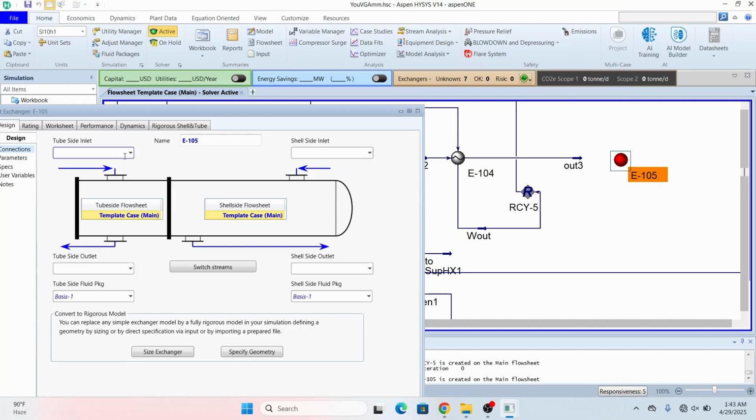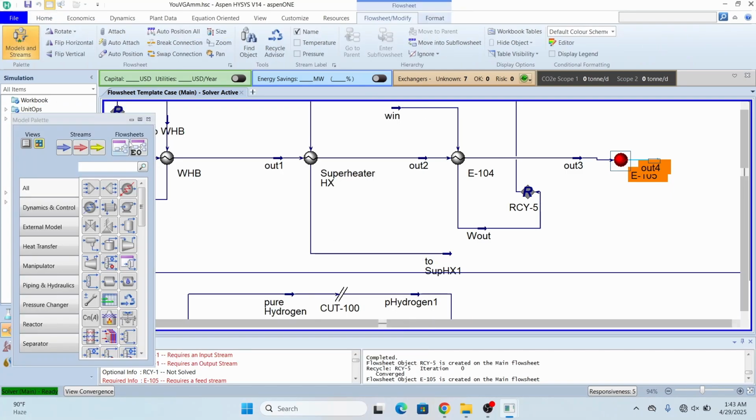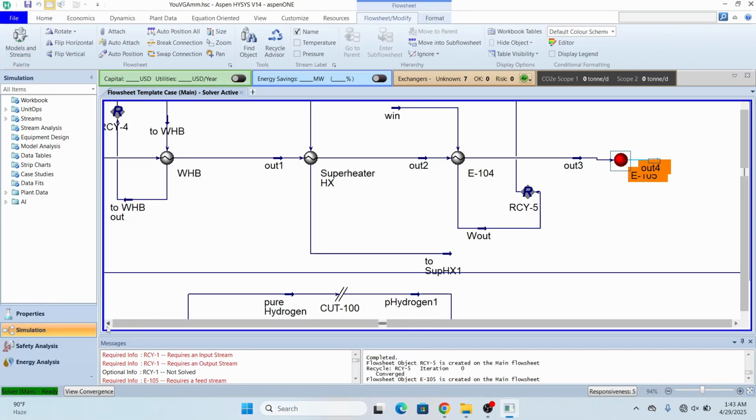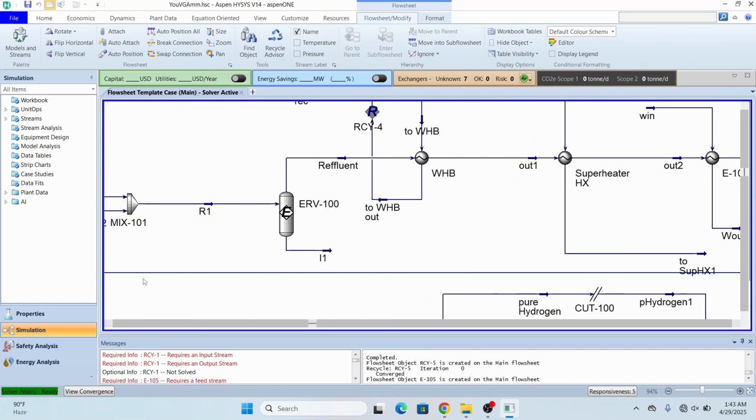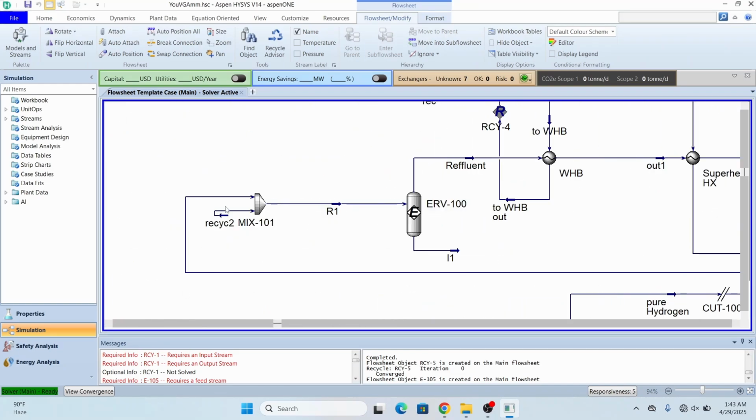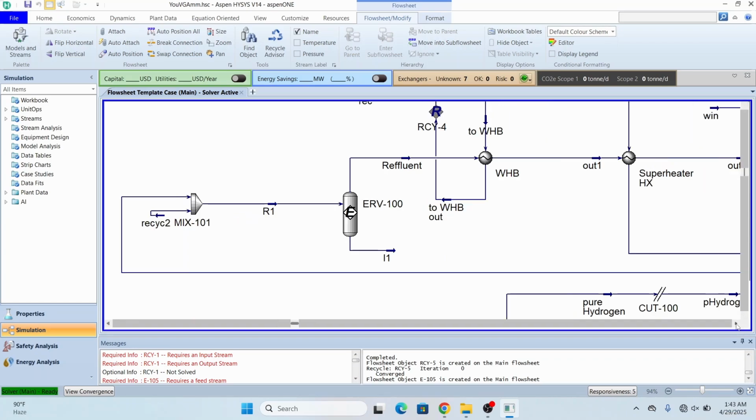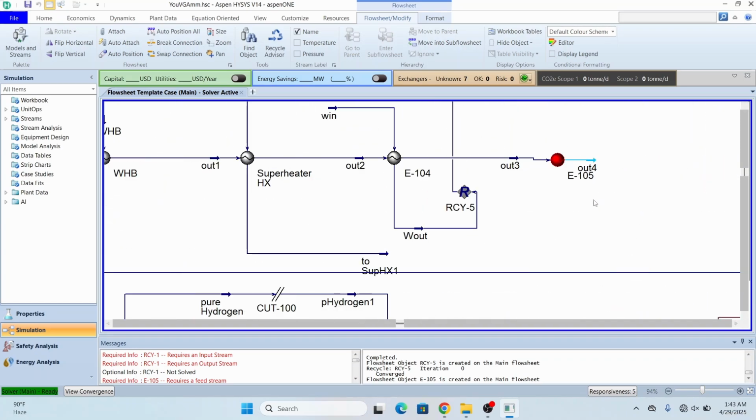I will double click on it. I will select here out 3, and here I can write out 4. For my inlet stream, I can copy this recycle, and then my original stream will be generated at the downstream of my separation drum, when the temperature has reached 400 degrees, and then I will replace these streams over here.